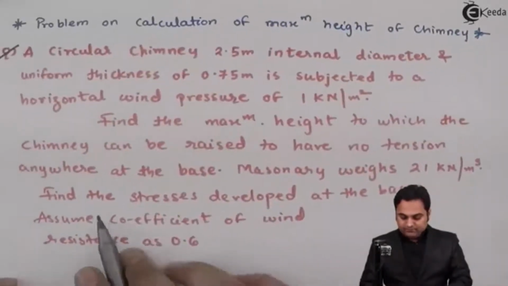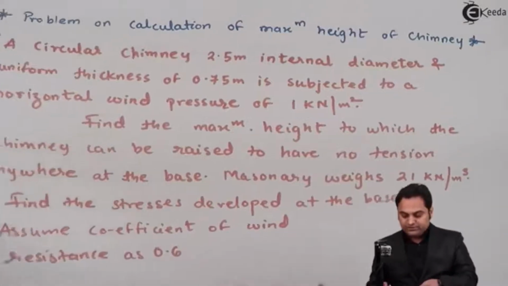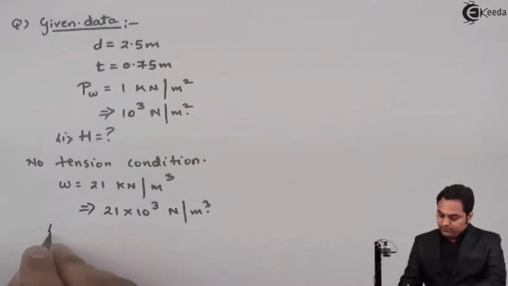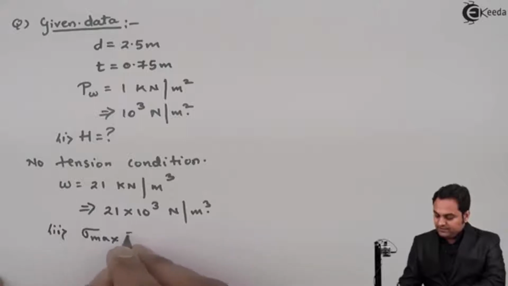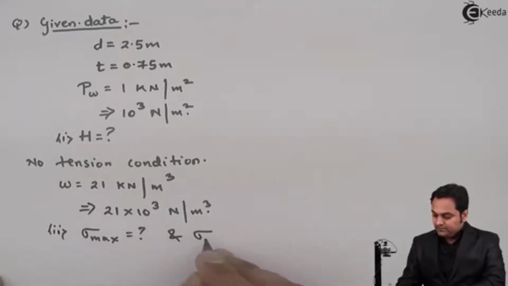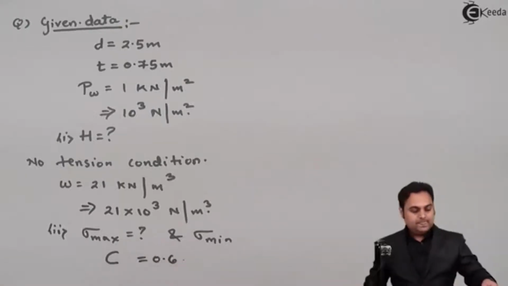Then find the stresses developed at the base. Assume coefficient of wind resistance as 0.6. So we have to find out stresses at the base, that is sigma max and sigma min, and the wind resistance is denoted by C, that is given as 0.6.